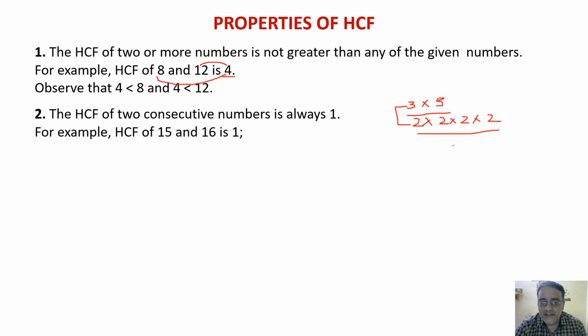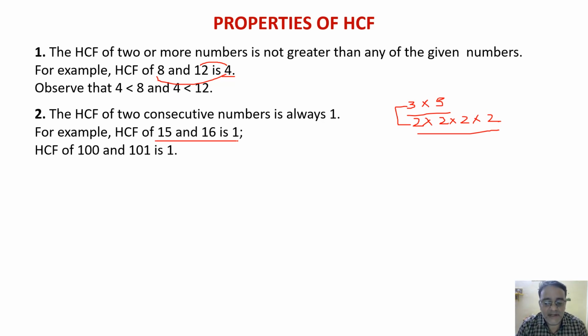Nothing. So if there are no common prime factors, then we will write 1. HCF of 15 and 16 is 1. Similarly, take any consecutive numbers, 45, 46, 100, 101, you will always get HCF 1. So this is a very important property.